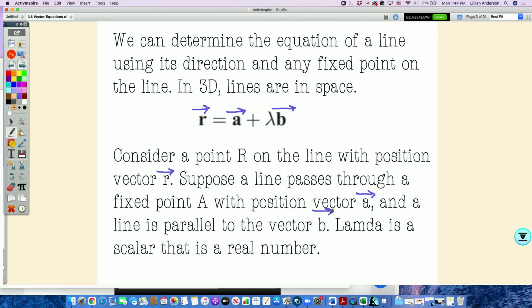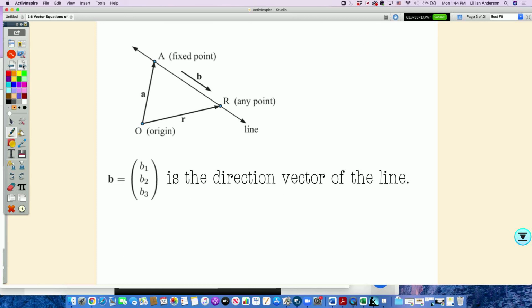Lambda is a scalar, which is essentially any real number. This equation is created because if I'm trying to go from A to B, I'm using the triangular form to add the vectors, and that's where you get a plus lambda b.